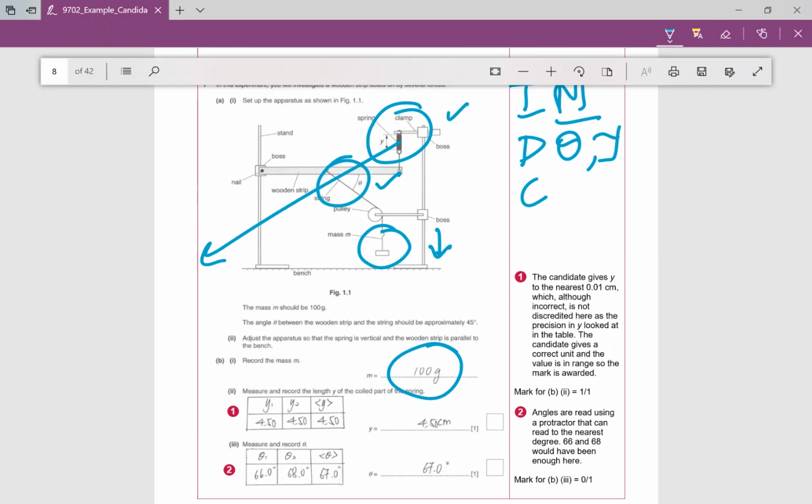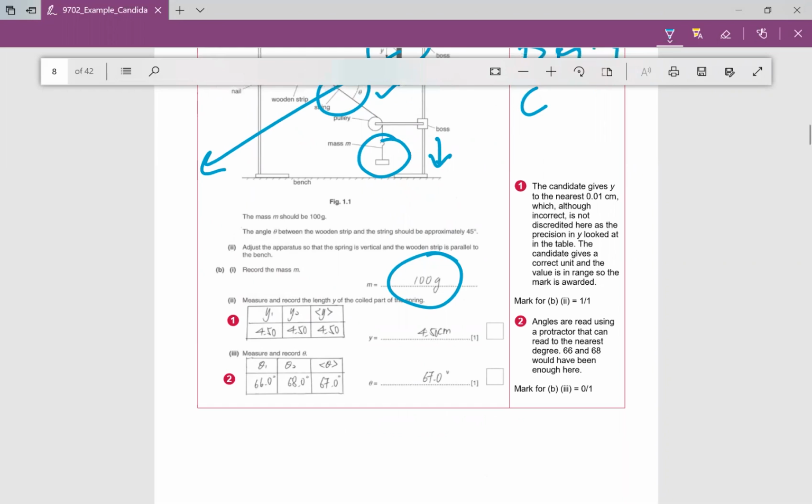But when you look at the length and the angle, here's the interesting bit. For the length, they must have given you a meter rule, and we all know that the meter rule has a precision of 0.1 centimeter.